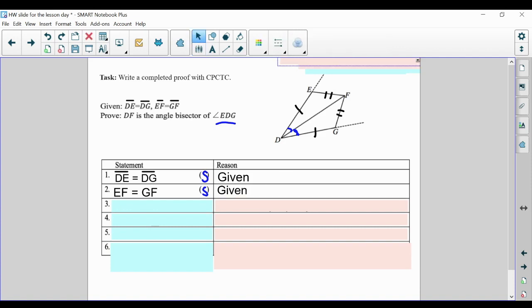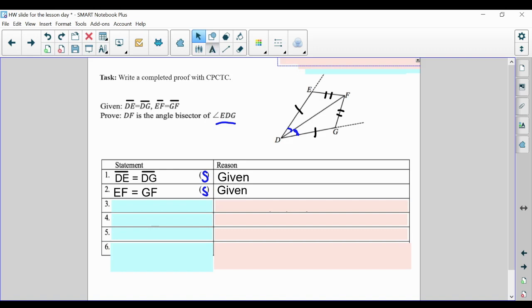So number three, now we have two sides that are congruent. Side, angle, side, those are the ones that we can use. And anything else that we have: two angles, right? Angle, side, angle, or side, angle, angle, and HL. HL cannot be used here because it doesn't say that any of the angles are right angles, so it cannot be HL.